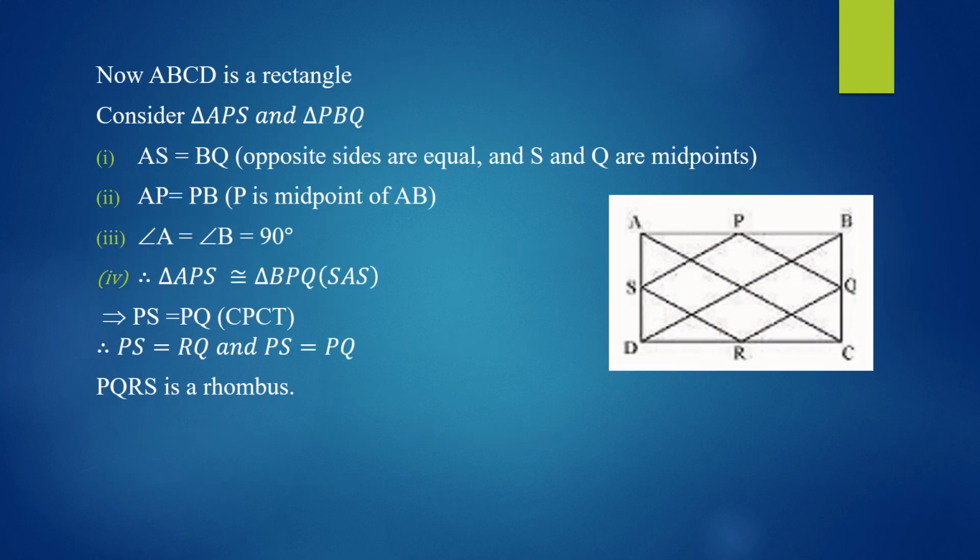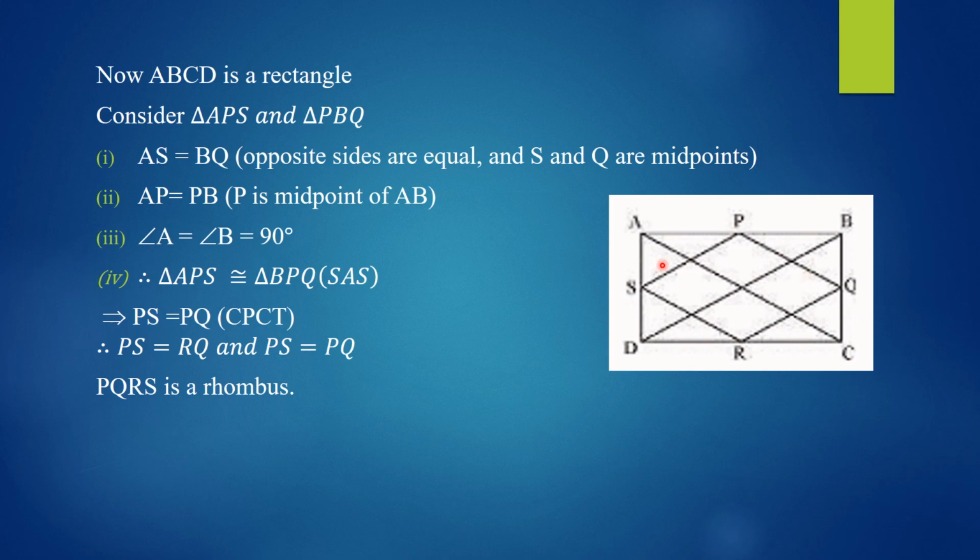To prove PQRS is a rhombus, we want to show all four sides are equal. Since we already got PQRS as a parallelogram, we can say opposite sides are equal. Now we need to prove PS is equal to PQ, that is, adjacent sides are equal.